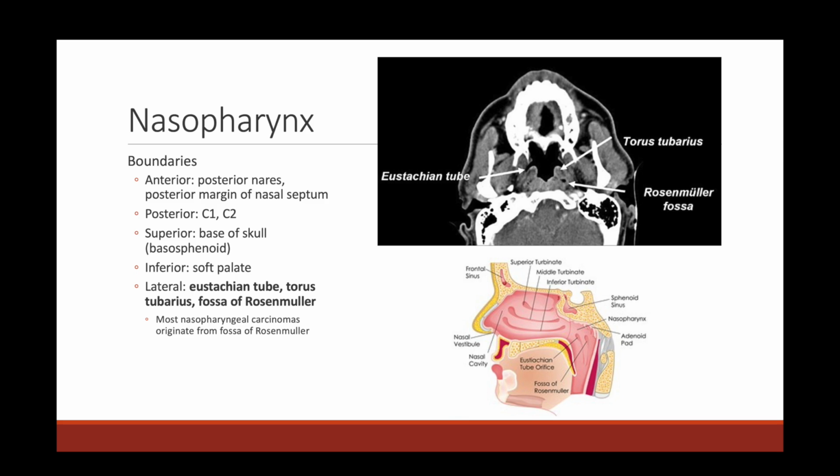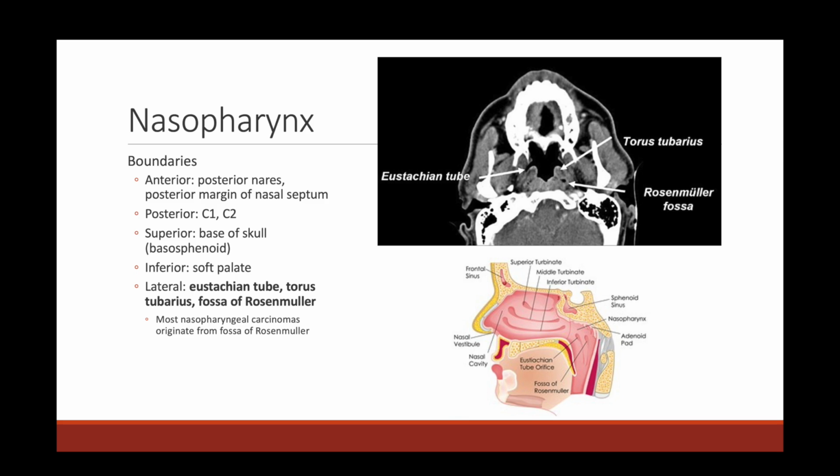Okay, so basically the back part of the nasal cavity is the anterior boundary of the nasopharynx. Posteriorly, the nasopharynx is bounded by vertebral bodies, so C1 and C2. So the nasopharynx is, you can imagine, very close to our vertebral bodies and therefore very close to also our spinal cord and our brainstem. So C1 and C2 are the posterior boundaries of the nasopharynx.